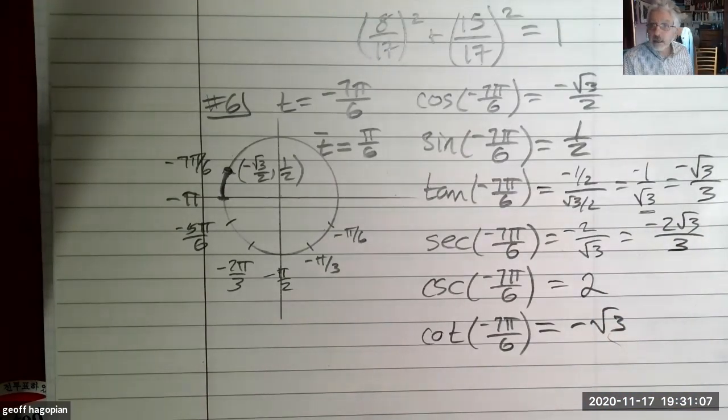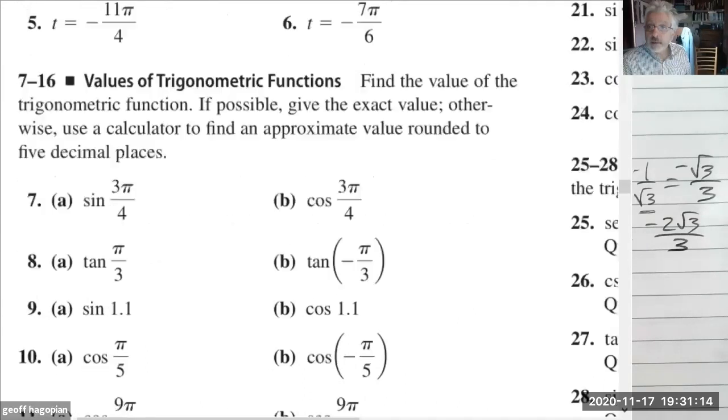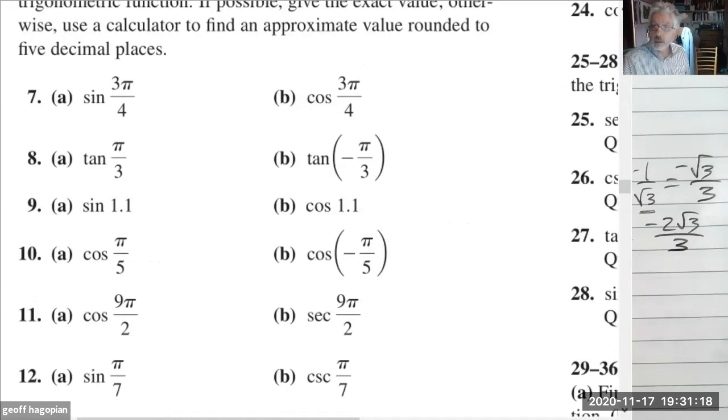All right, what else we got here? The values of the trigonometric functions. So how about the cosine of 1.1?